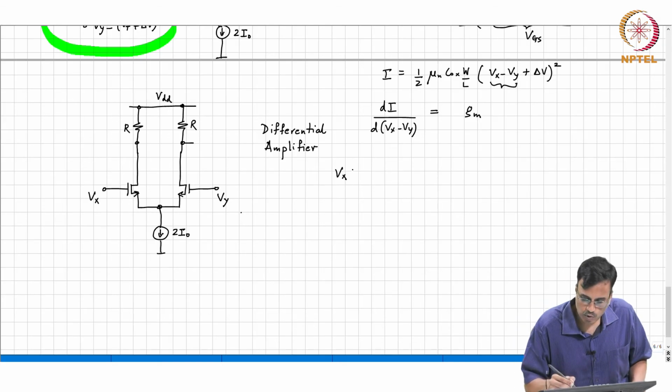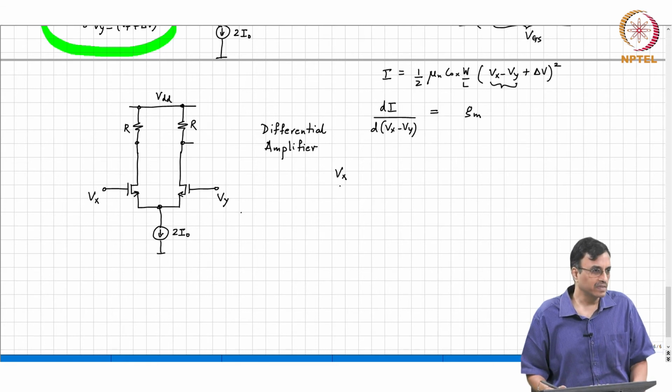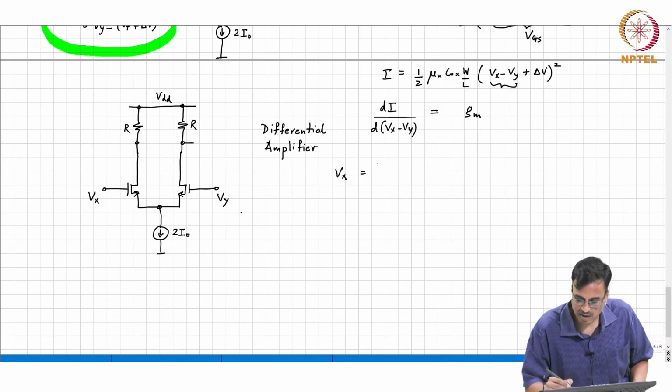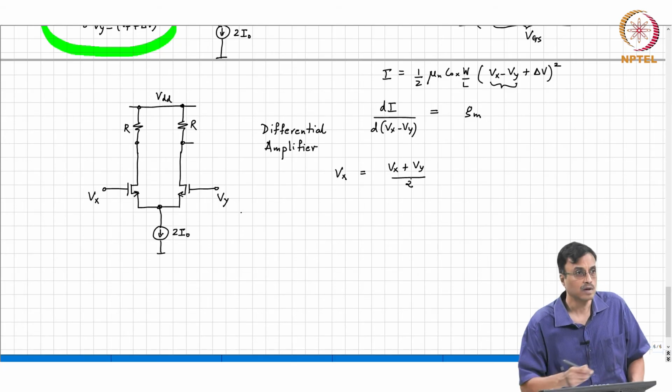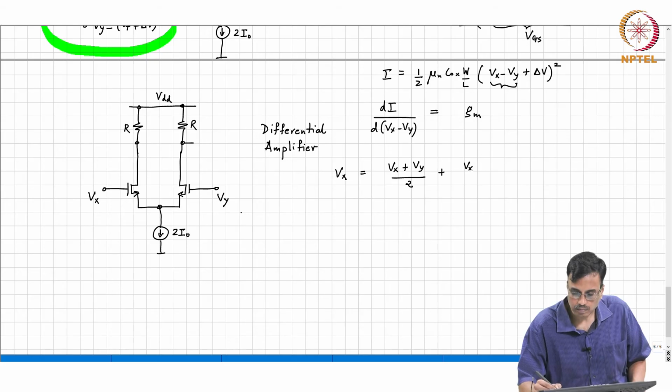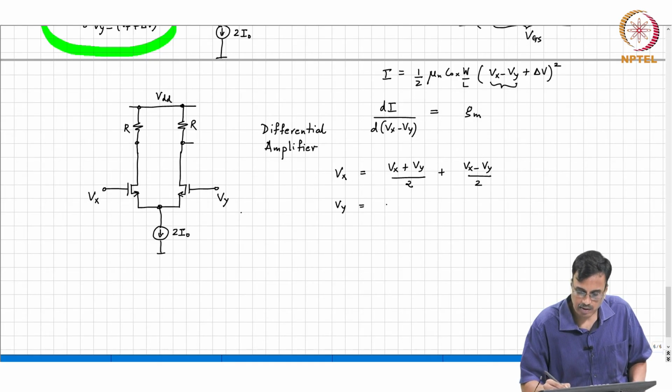So, it is more convenient to express the inputs Vx and Vy as Vx plus Vy by 2 plus Vx minus Vy by 2 and Vx plus Vy by 2 minus Vx minus Vy by 2.